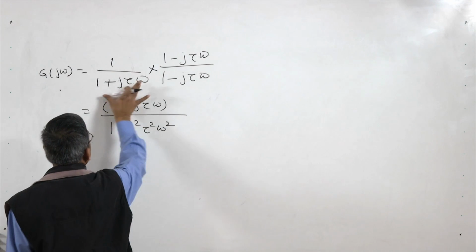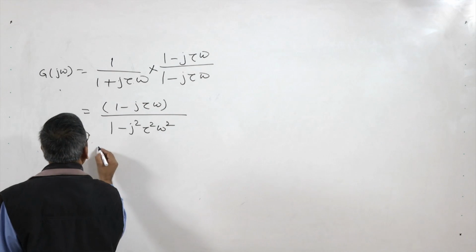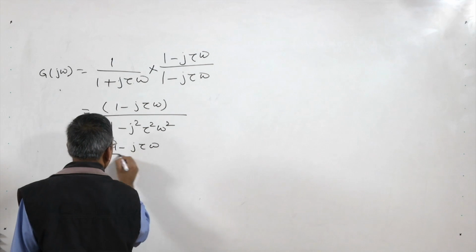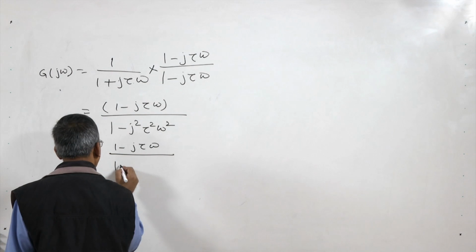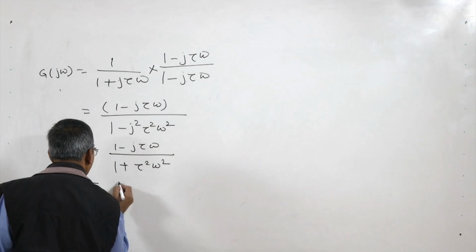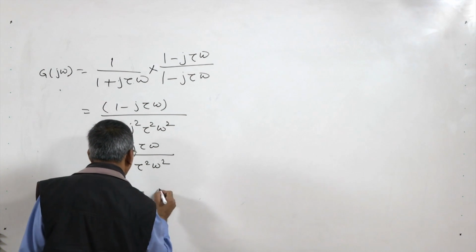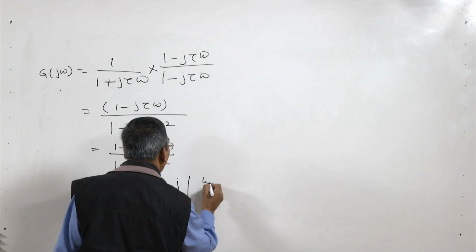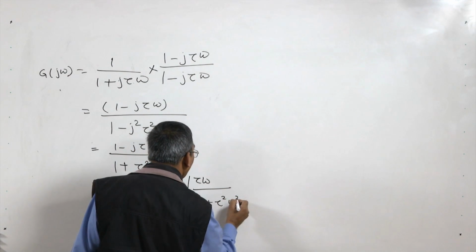A plus b into a minus b is a square minus b square. Remember j square is minus 1. So the denominator is 1 plus tau square omega square, and what I get is 1 by 1 plus tau square omega square minus j into tau omega divided by 1 plus tau square omega square.